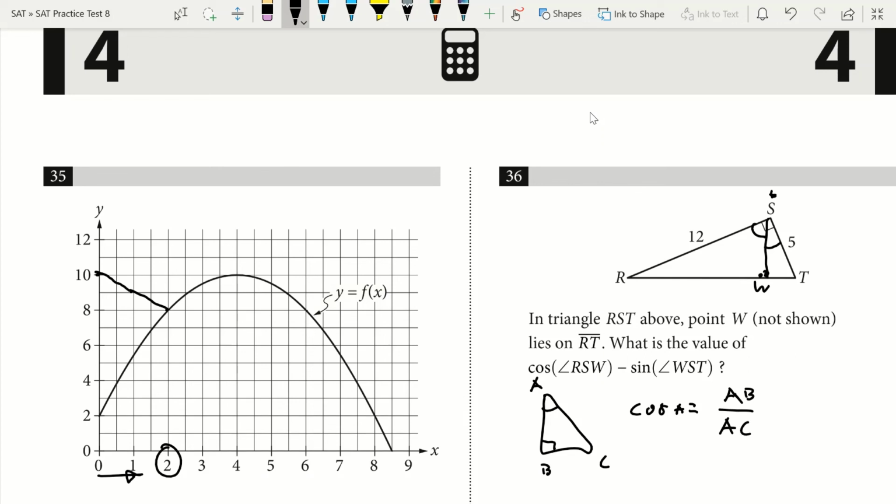Now if I was to write my sine then of the opposite angle, right? So 90 minus this angle here gives me this angle here, angle C. 90 minus angle A gives me angle C. Well, and I took the sine of that, right? So the opposite over the hypotenuse, I'm also going to get AB over AC, right? That's AB over AC if you can't tell.